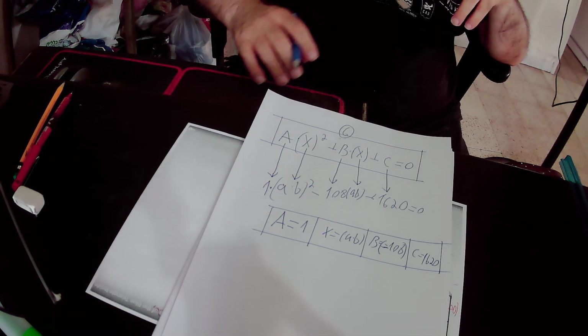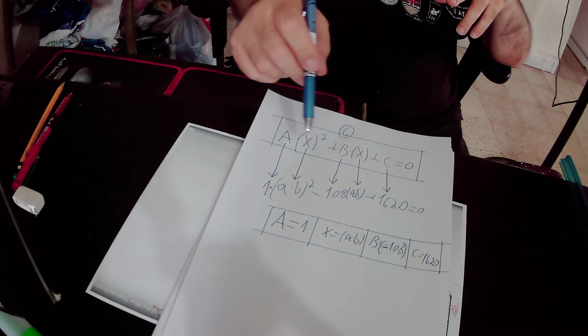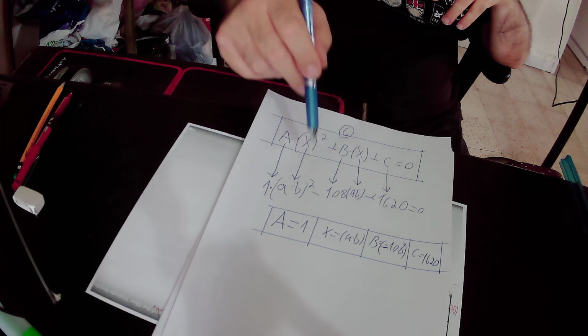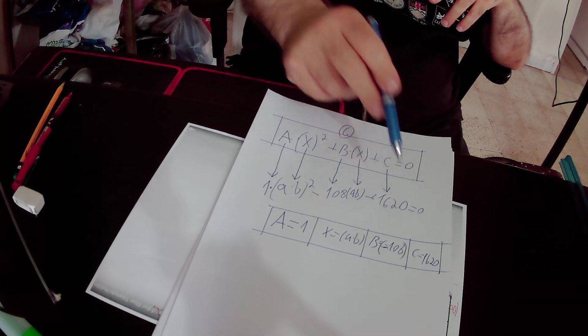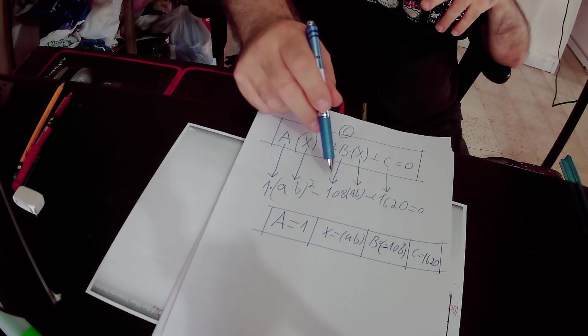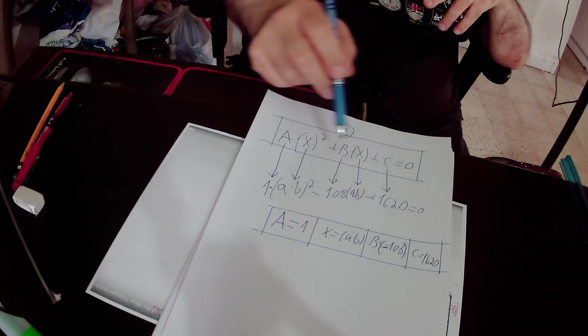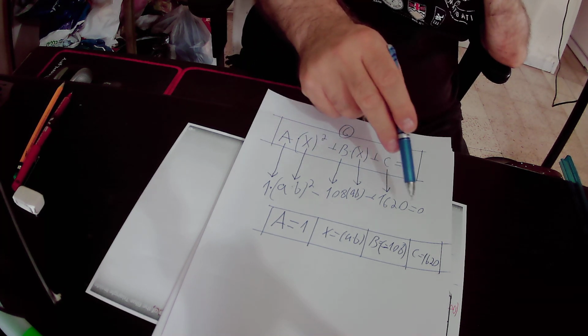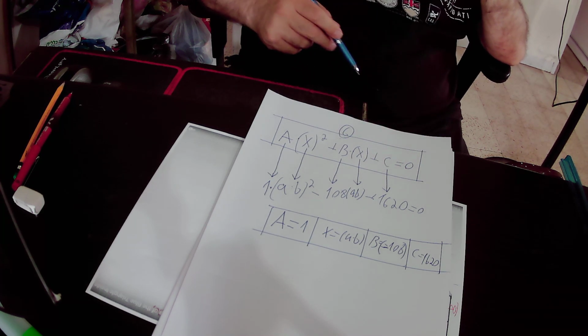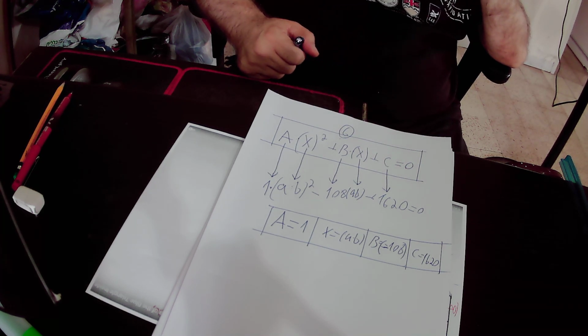Okay, A equals 1, x equals a times b, b equals negative 108, and c equals positive 1620.